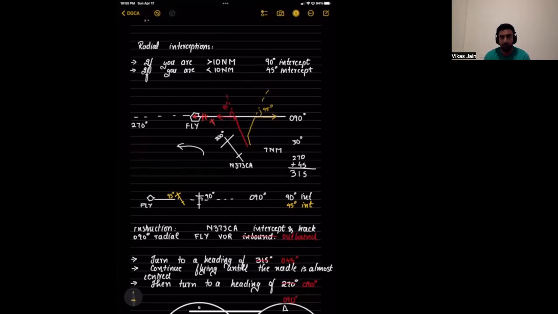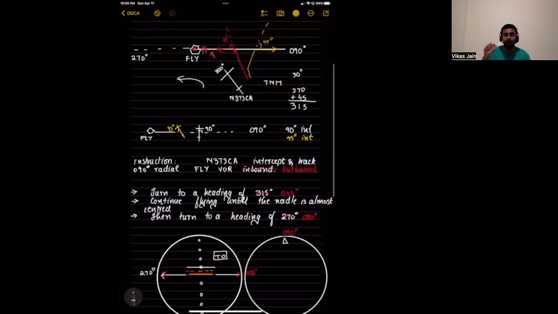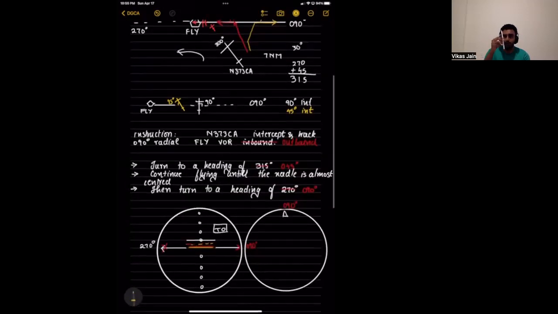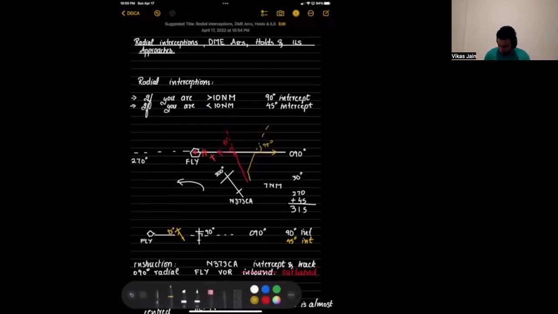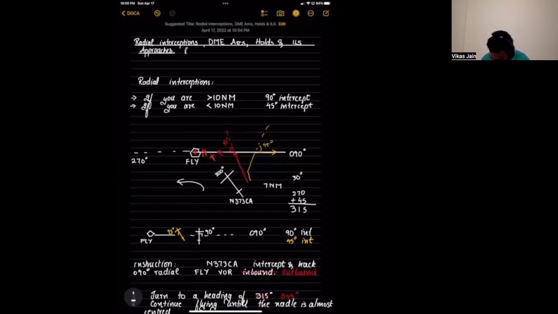In the next portion, when we talk about DME arcs, what we'll be doing is we'll be intercepting multiple radials one by one to make a proper arc, okay? That's the first portion of the entire class for today, radial interceptions. Oh, I forgot to add one more thing.